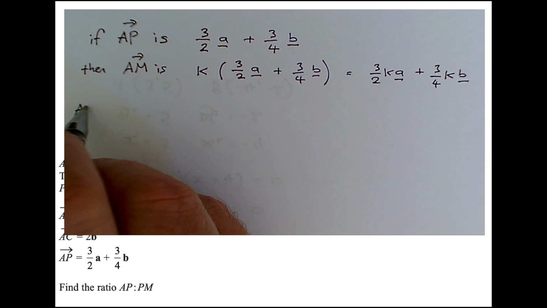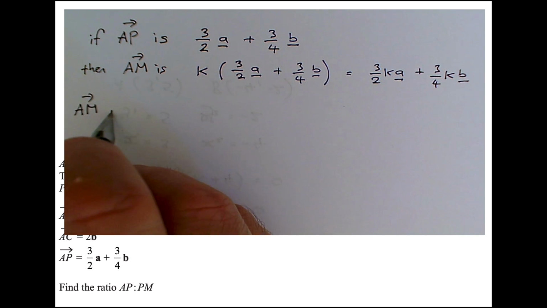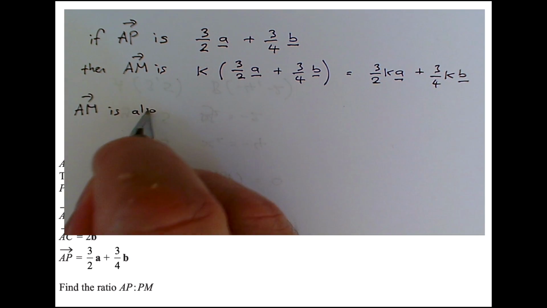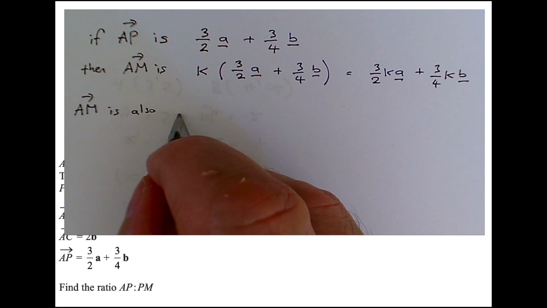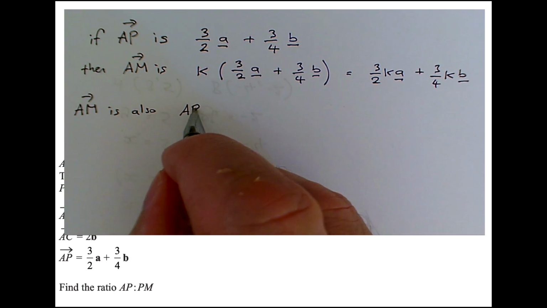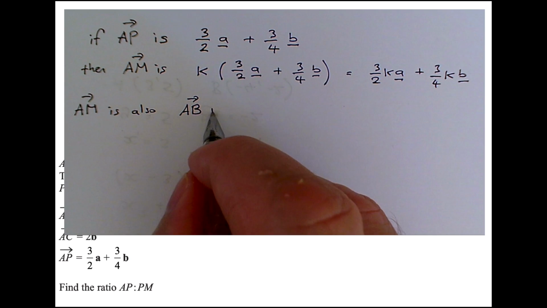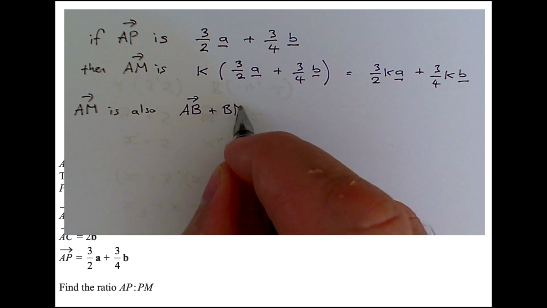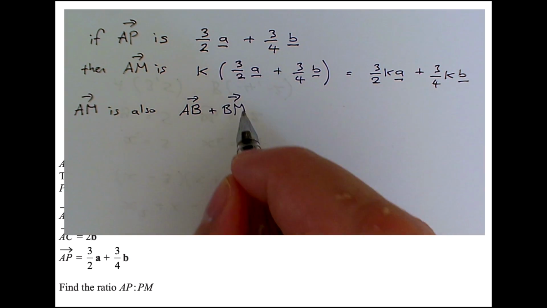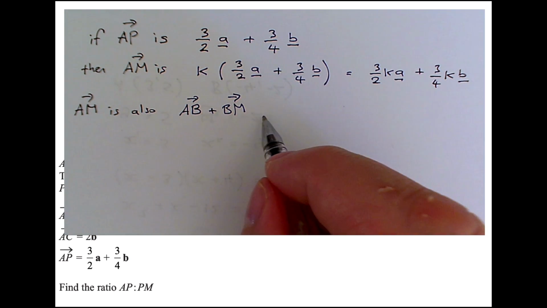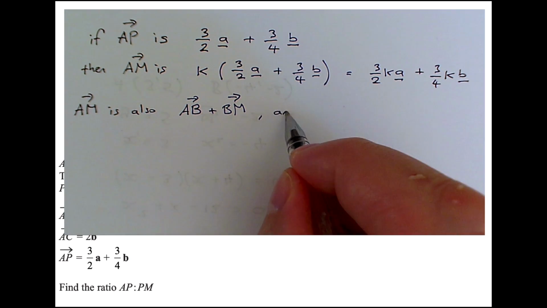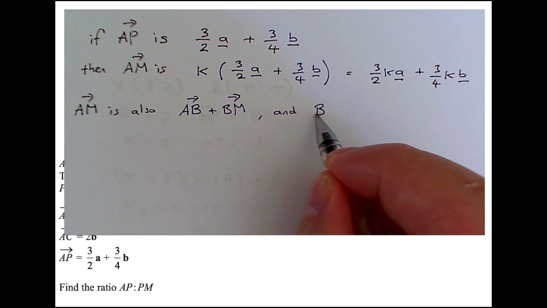But we could also go from A to B and then B to M. And that's the same journey, isn't it? So we've described the same journey in two different ways. We can then have a sort of simultaneous equation and work out the value of K, and then we can answer the question.